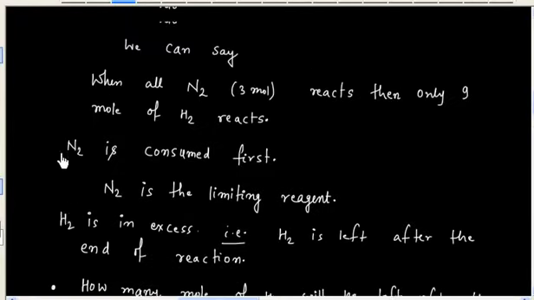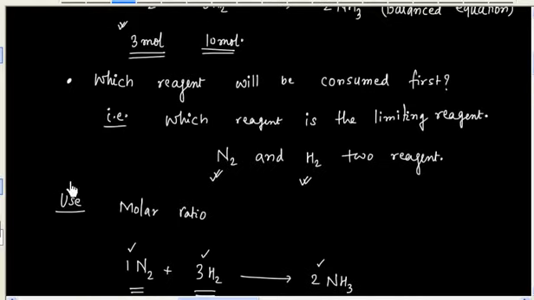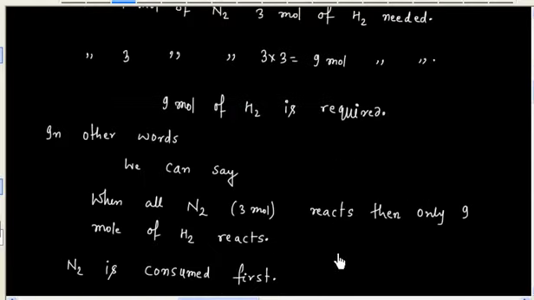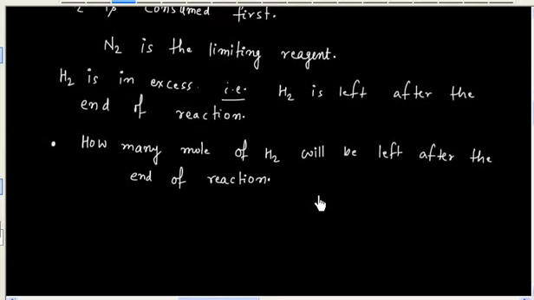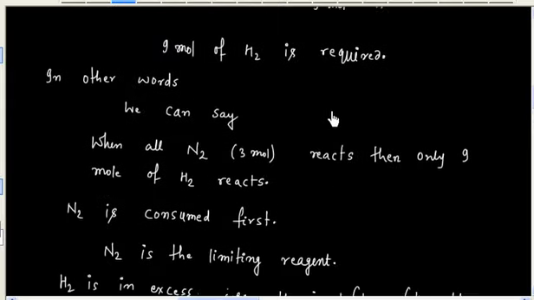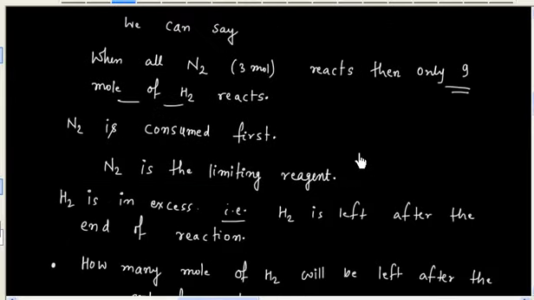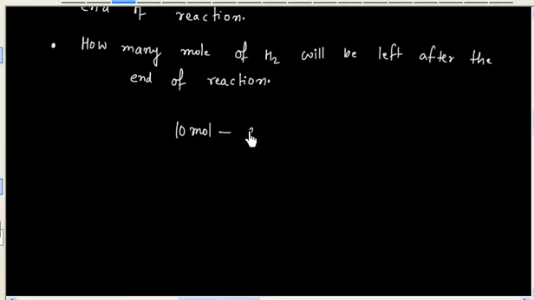So you see, initially we have 10 mole of hydrogen, and we have used 9 mole of hydrogen. So 1 mole of hydrogen is left.